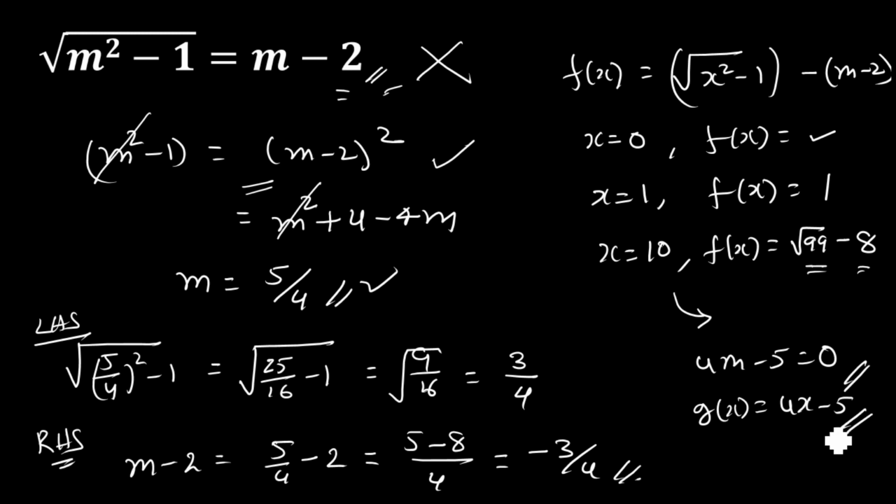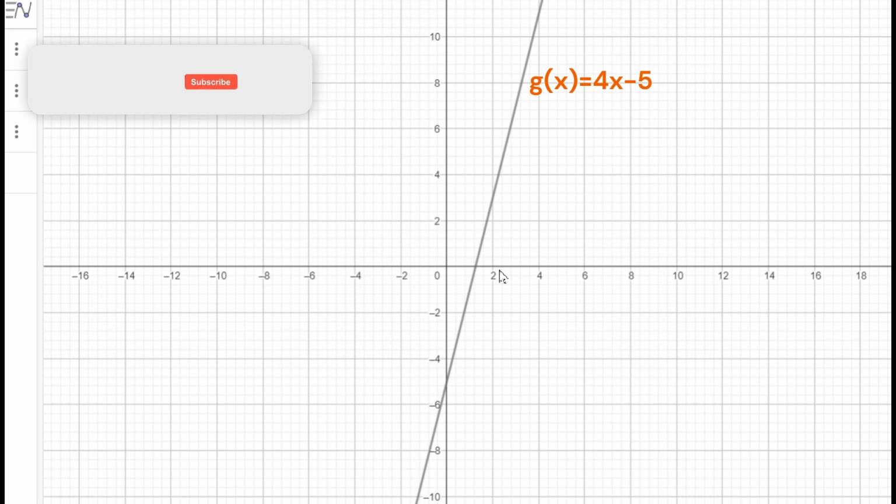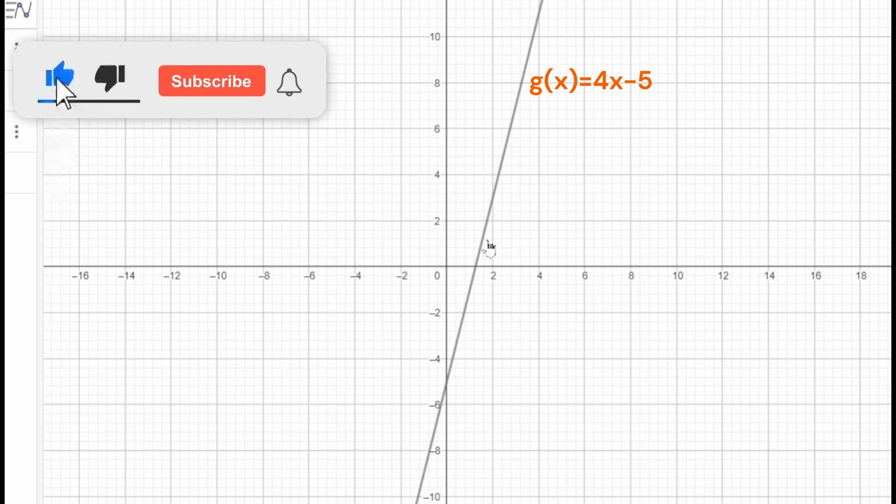If you see this, this is a linear equation. It has the solution 5 by 4. It becomes 0 at 5 by 4. That's why it is showing the solution as 5 by 4. But it is not showing any solution for the base equation, right? So 5 by 4 is the solution for this linear equation, 4x minus 5.